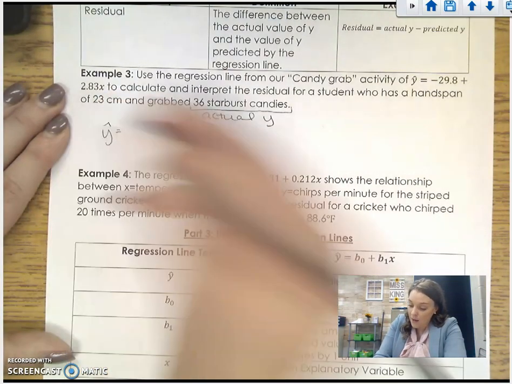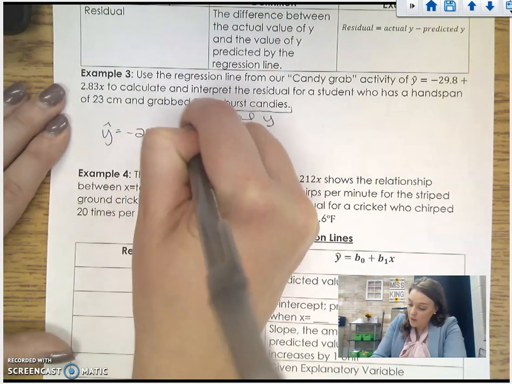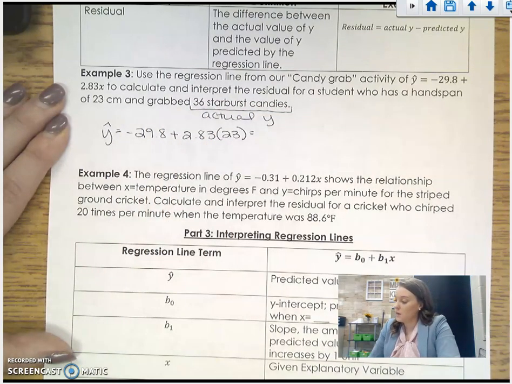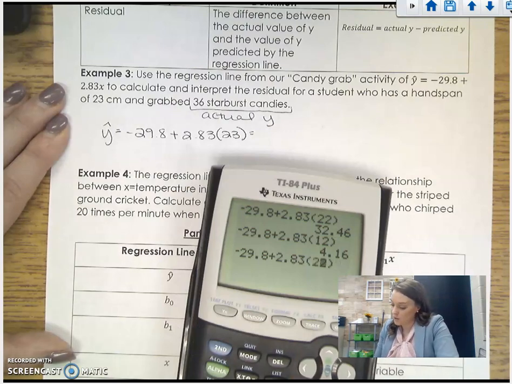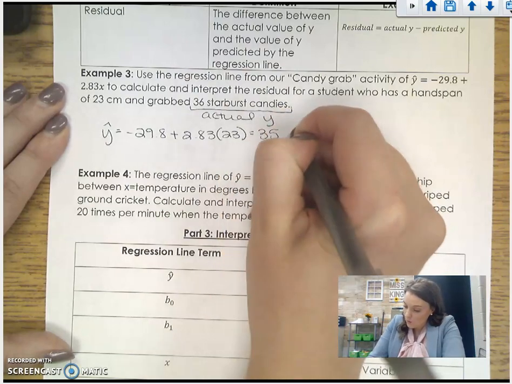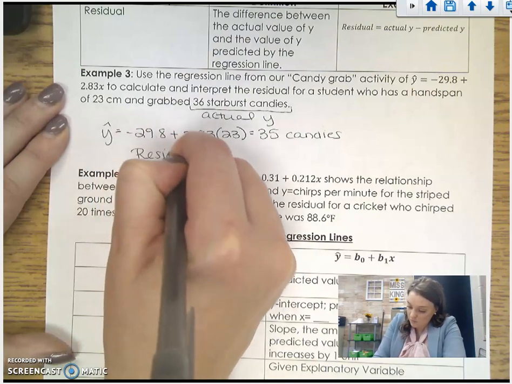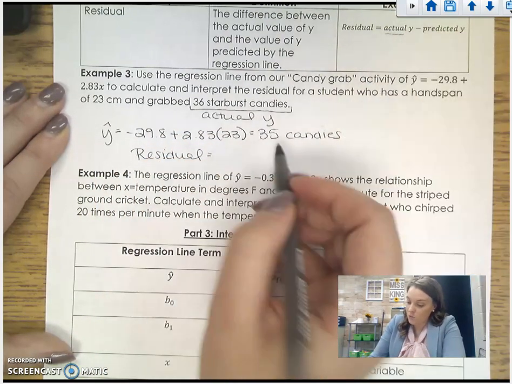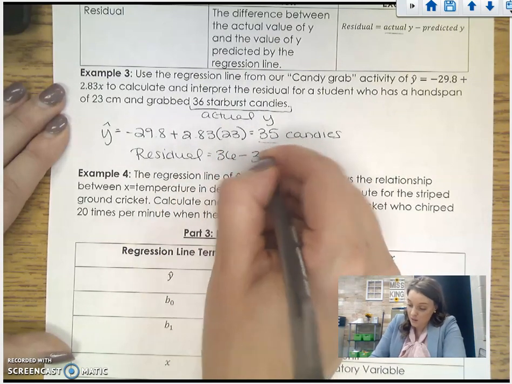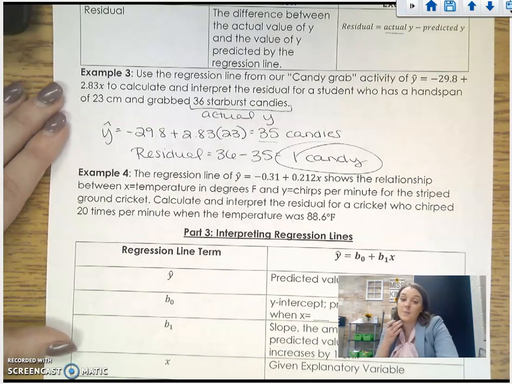So y hat equals negative 29.8 plus 2.83 times 23, and I get 35. So the predicted would be 35 candies. So the residual equals my actual y, which was 36, minus my predicted 35, which would be 1 candy.